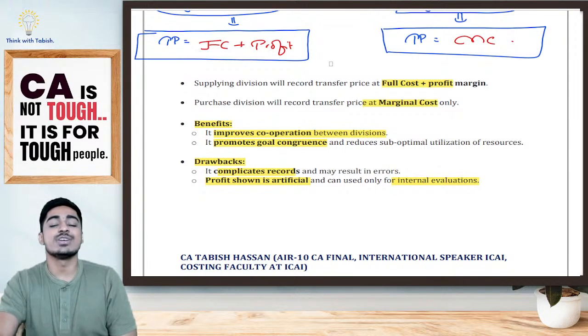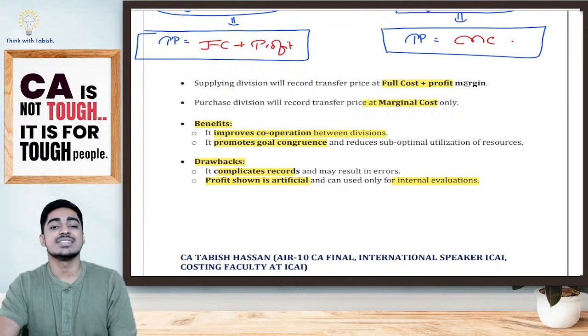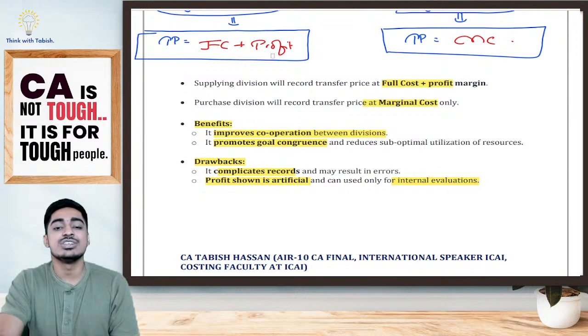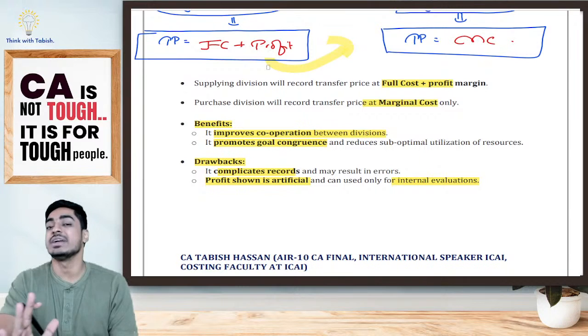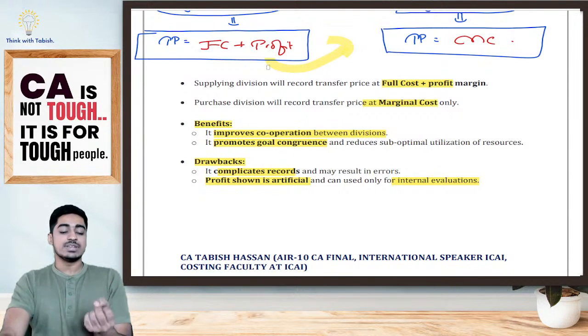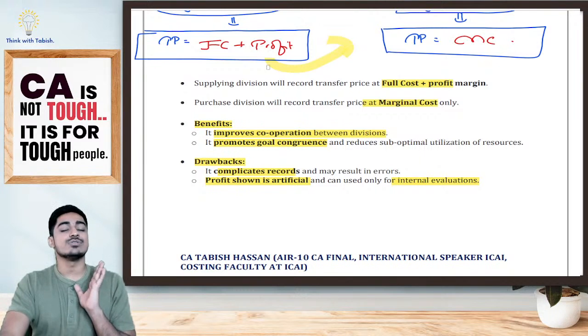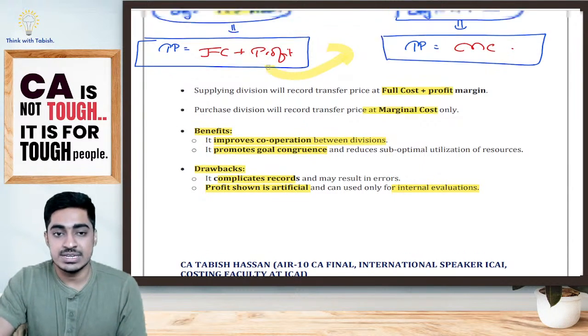Whatever profit we are showing here is only artificial, because actually it is just an internal transfer. Here I am saying I have earned 60 rupees profit. It's an artificial profit. Finally, while finalizing the books, this has to be eliminated, and this should be kept in mind. Only for internal evaluation, while I am evaluating how much profit this division has earned, only for that can we use it. Otherwise, we should not be using this profit. Okay, those are the two disadvantages.